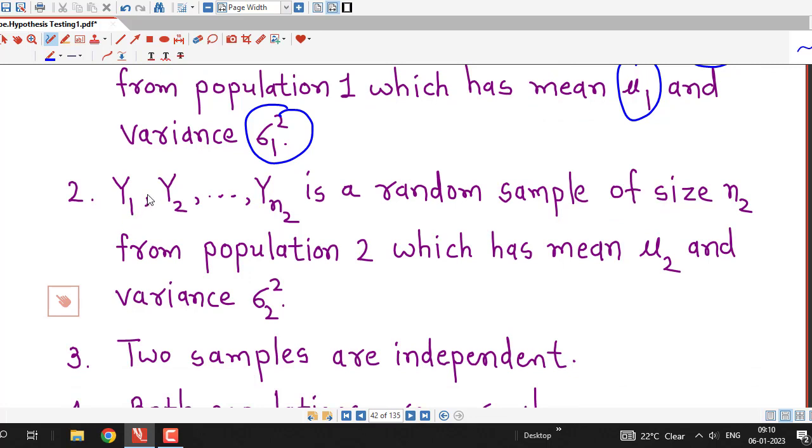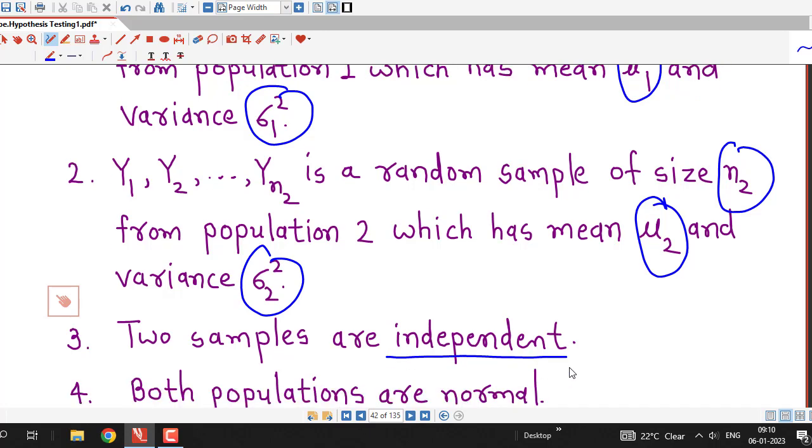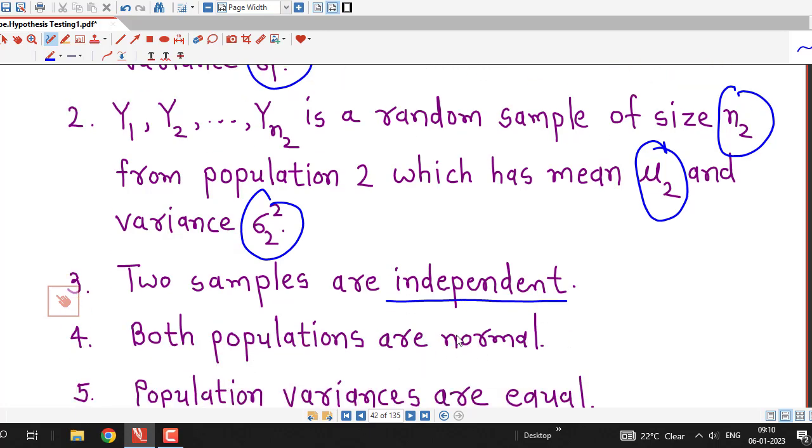Another sample has observations y1, y2 up to yn2 and size is n2, mean is mu2, variance is sigma 2 square. Third assumption is two samples are independent. Fourth assumption is both populations are normal. This is important to apply this t-test because we have small sample sizes.